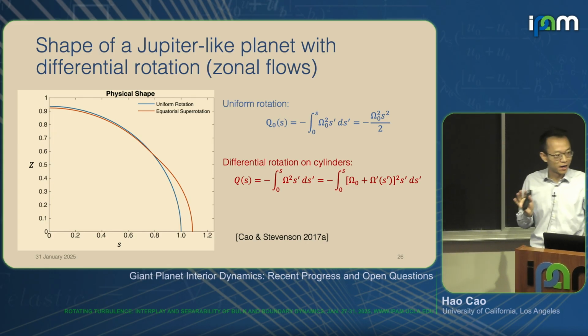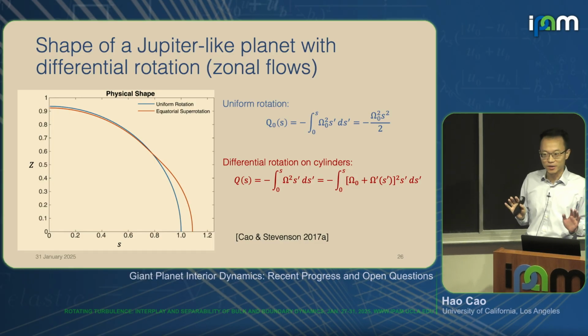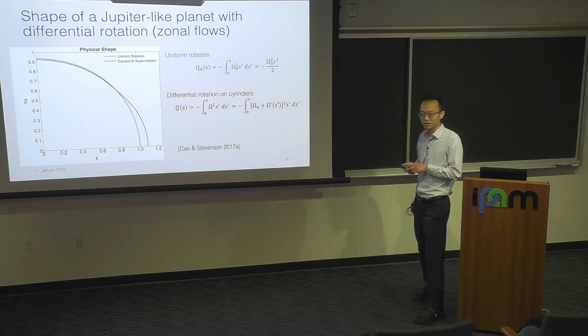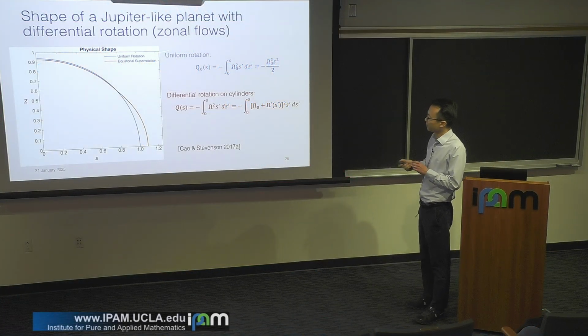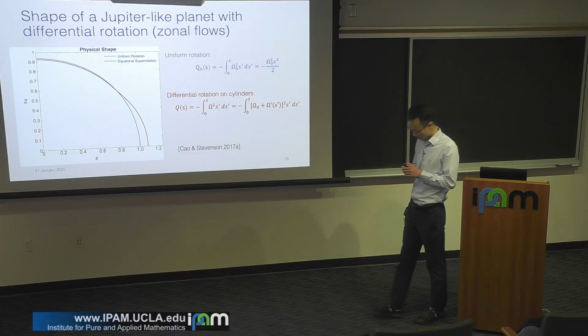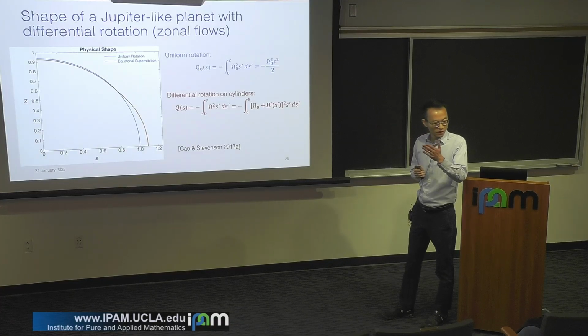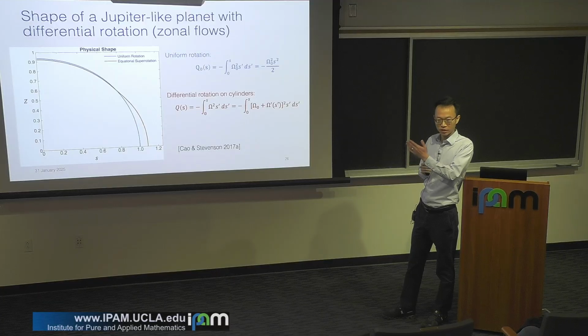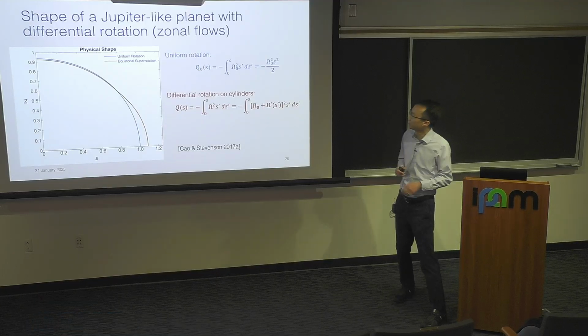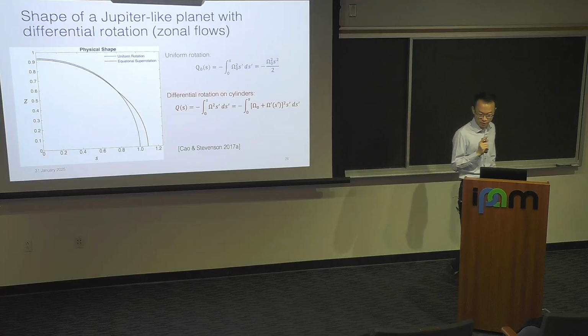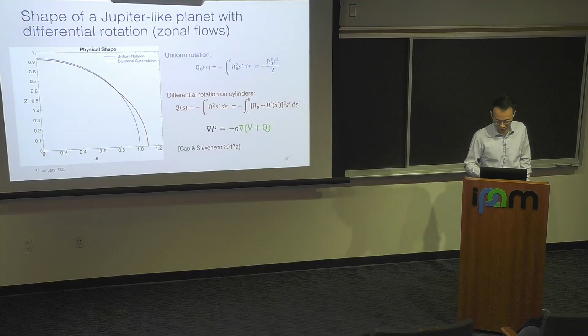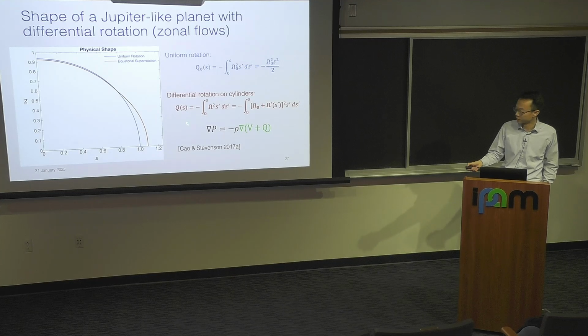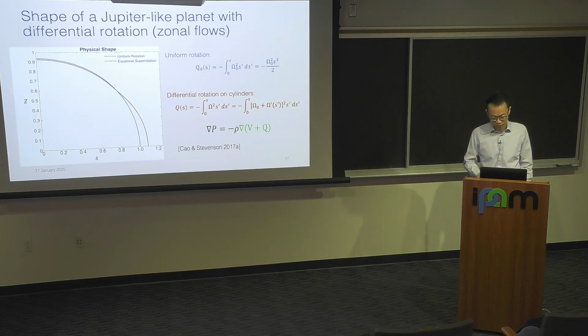But I don't think the two are directly connected in any way. But I sometimes wonder, is there a deep meaning behind the two? That is, if you have rotation that is constant on cylinders, that will allow you to write this whole equation in a potential form, because then you can still define a centrifugal potential, but now take into account the differential rotation, right? So we can still solve this whole equation like that, and that's all. You don't have to do anything fancier than that.